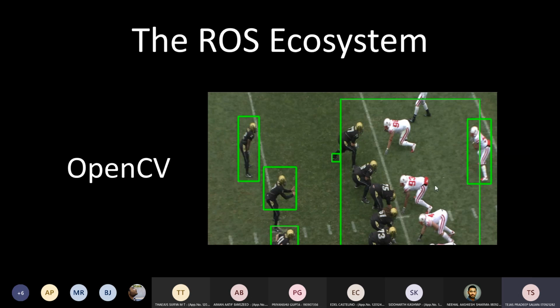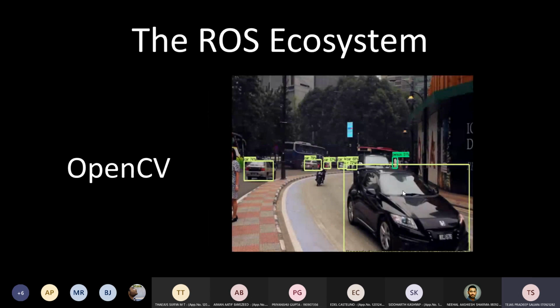This is a bit simplistic, but this can extend to very important applications like self-driving cars. So here, as you can see, it can identify people, cars, obstacles, and so on.